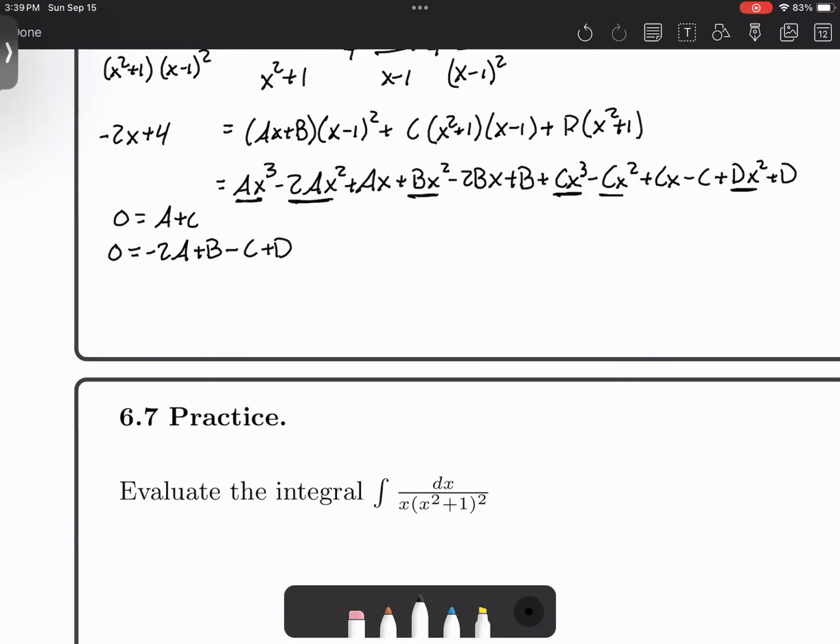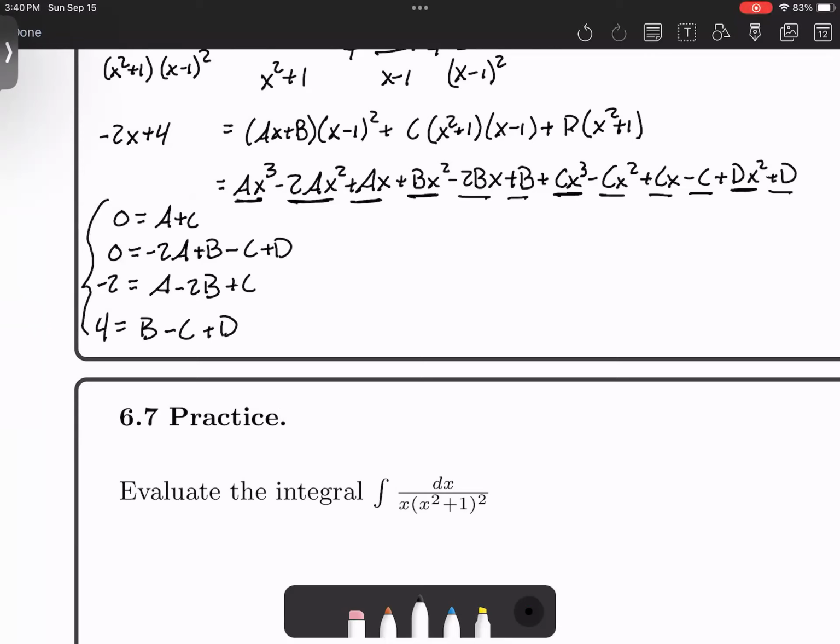We have minus 2x's, which is equal to a minus 2b plus c. And finally, we have our constants, of which we have 4, equaling a, b, a minus c, and a plus d.